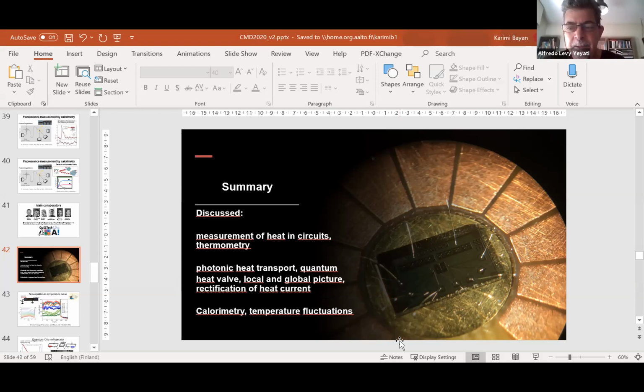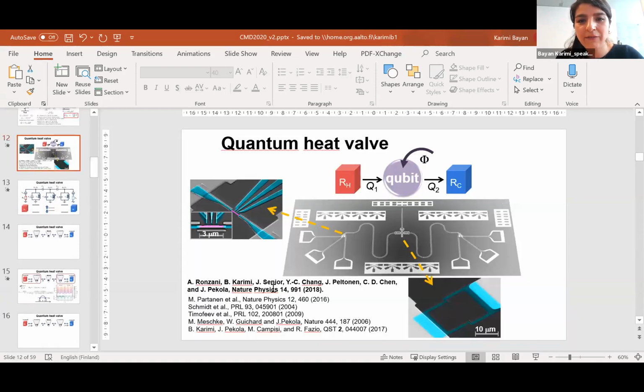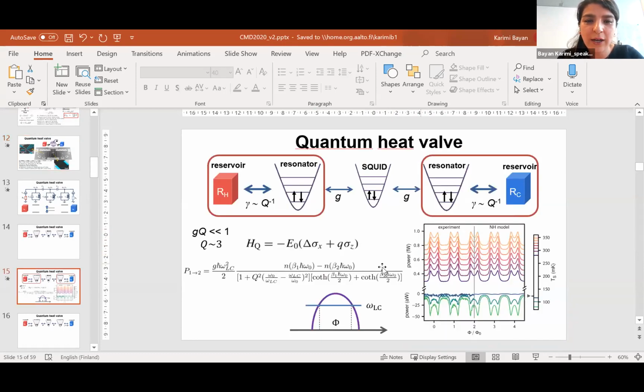You can see here that we have this heat valve, essentially the same setup with the qubit and two equal resonators, and we could be in two different regimes and try to give a theory model for that.